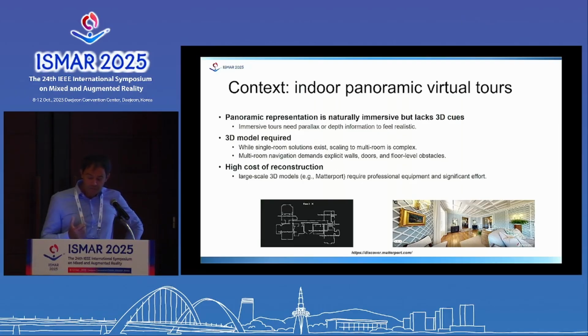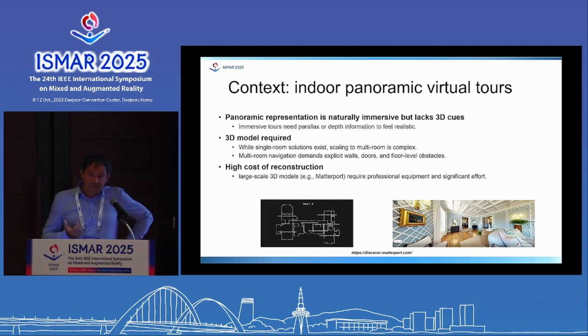A multi-room navigation basically demands not only 3D hints for stereo or to move the point of view, but we also need to know the walls' position, the doors, and even the floor level obstacles if you want to make a natural path around the scene.